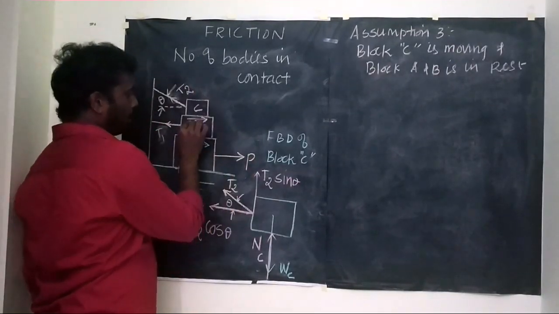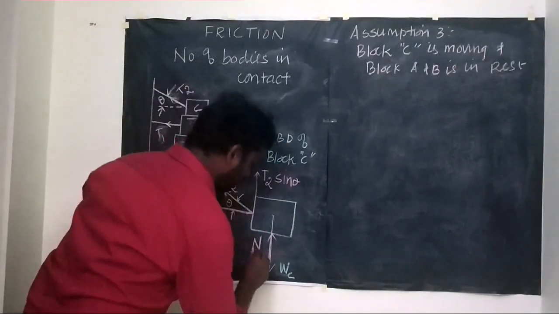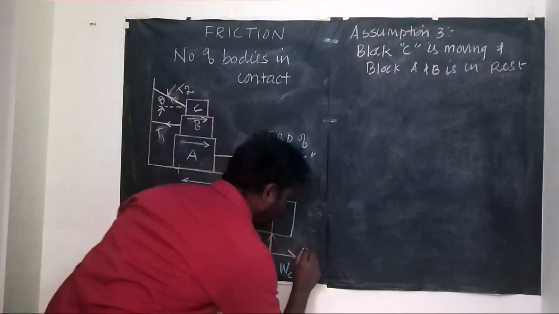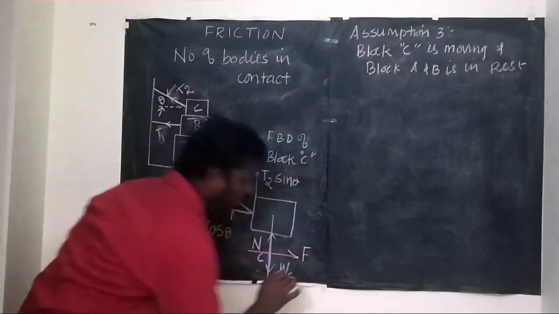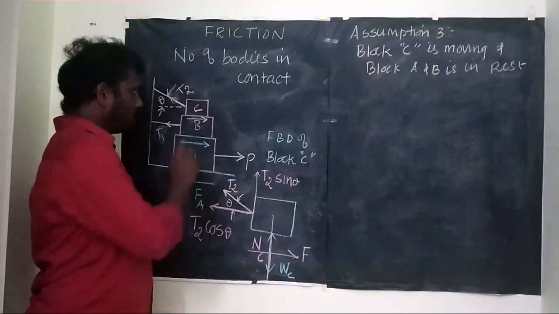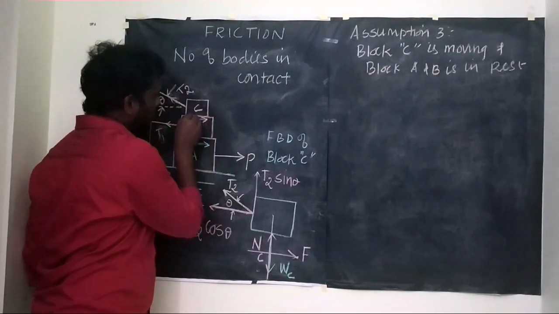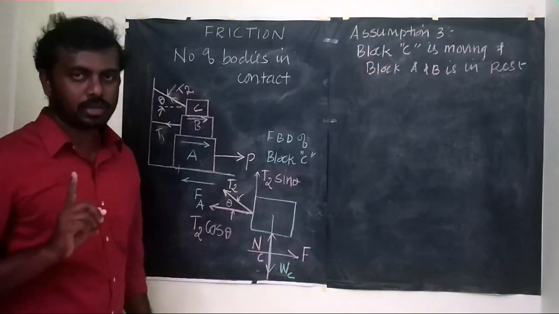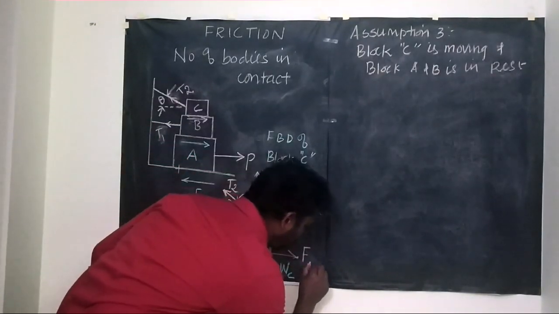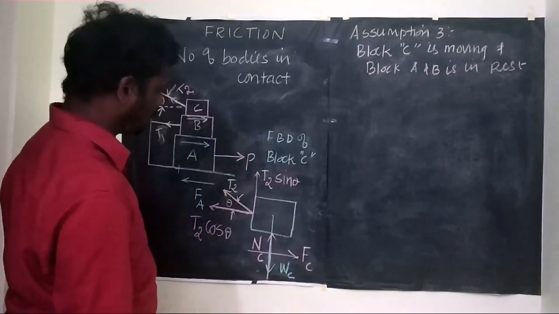So this is my limiting friction force F. Which one comes here, B or C? This friction force depends upon the surface finishing of block C. So here FC will come. So FC. Now see here, is anything missed?